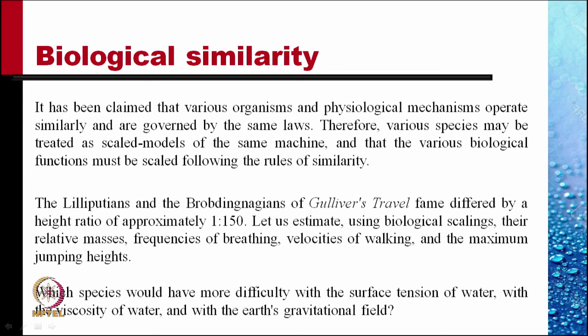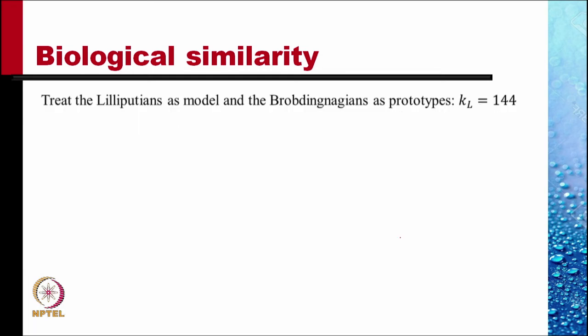Which species would have more difficulty with the surface tension of water, with the viscosity of water, and with the Earth's gravitational field? So let's treat Lilliputians as the model, the smaller one, and Brobdingnagians as prototypes. The scale factor is taken as 144.